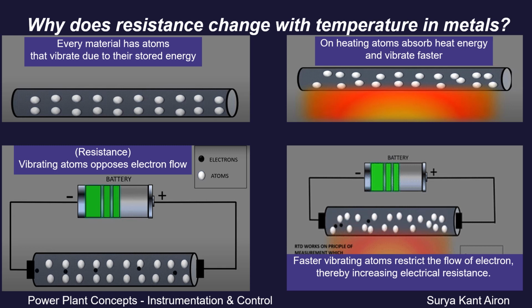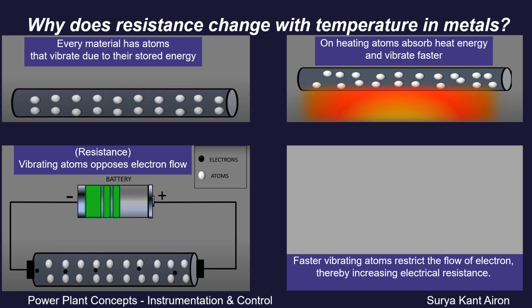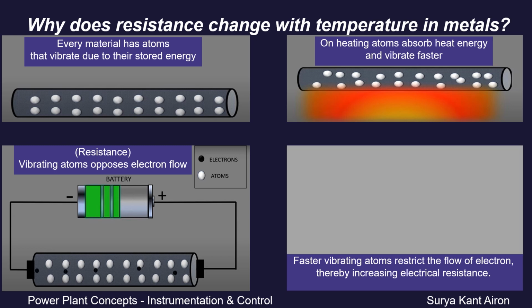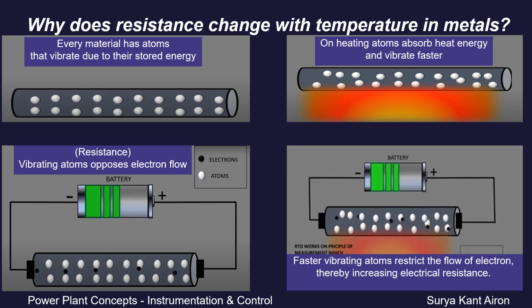Till now it's clear. All materials have atoms that constantly vibrate due to their stored energy, and when we connect them to an electrical circuit, current starts to flow through them. Current is basically a flow of electrons. On one side, atoms are vibrating, and on the other side, electrons are passing.